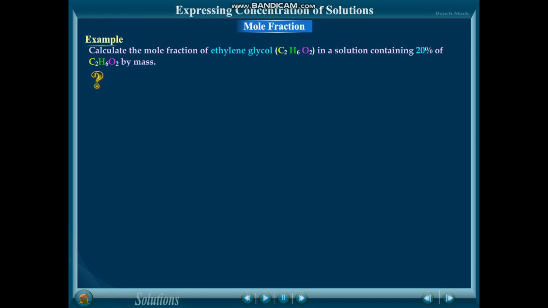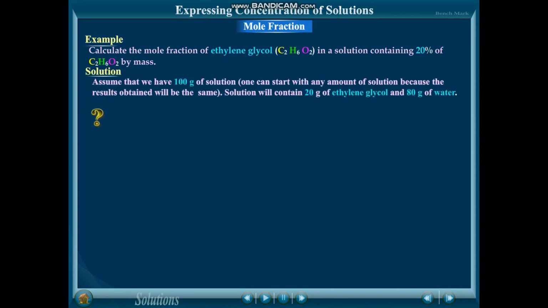Example, the first problem of mole fraction. Calculate the mole fraction of ethylene glycol in a solution containing 20% of C2H6O2 by mass. Assume that we have 100 grams of the solution, because it is 20% ethylene glycol.